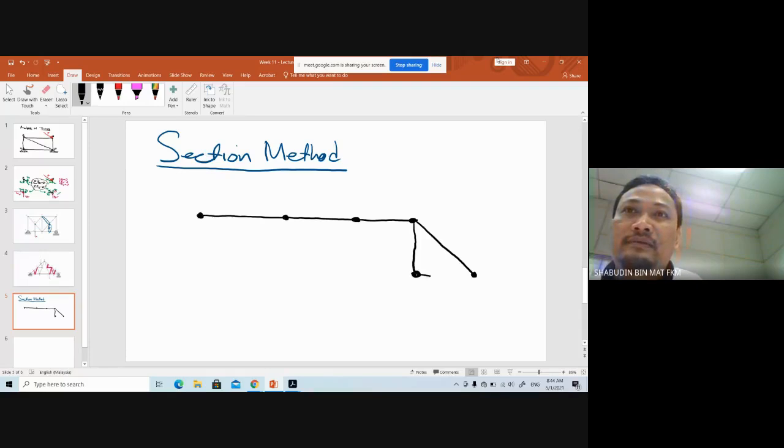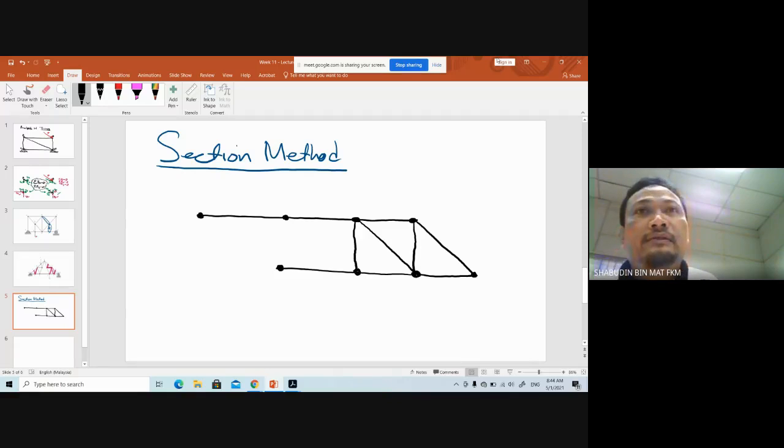One attached to that, then you have that structure attached to that.